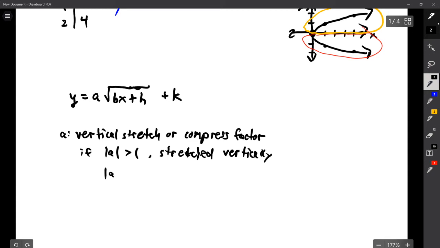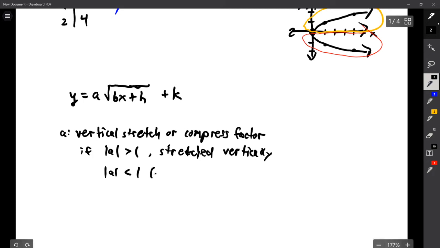And then if absolute value of a is less than 1, which is the same thing as saying, i.e., 0 is less than a is less than 1, in other words, a is between 0 and 1, then it is compressed vertically.